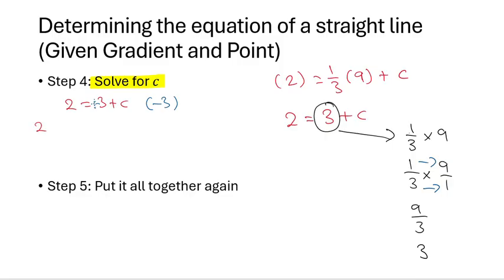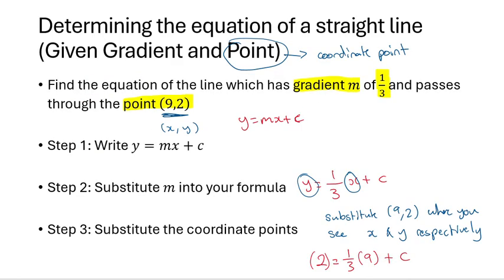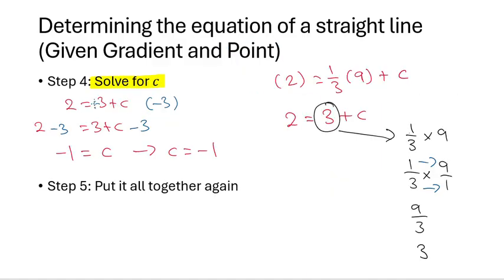If I apply minus 3 to both sides, I end up with negative 1 equals c. Now I know what my c value is and I know what my m value is because that's given in the question. I can just put it back all together in the formula. It now becomes y equals 1/3 x minus 1. And that's it.